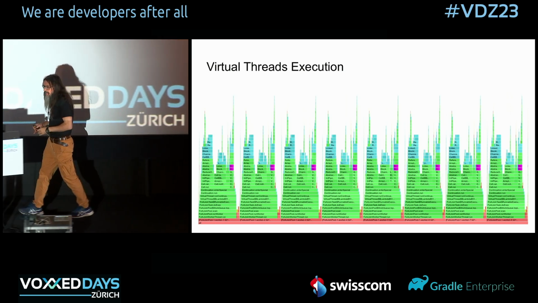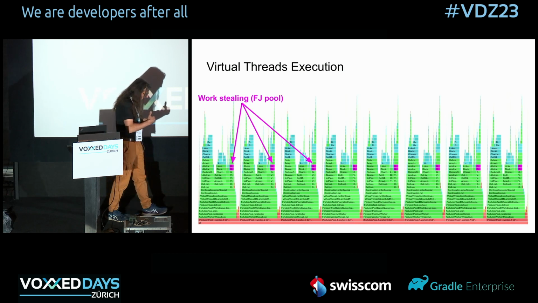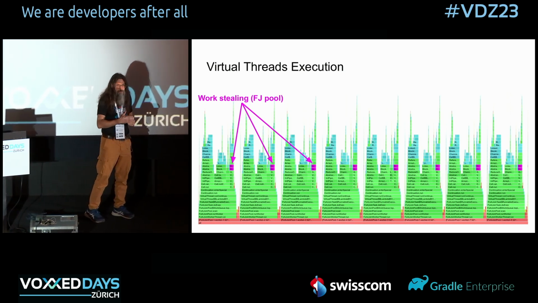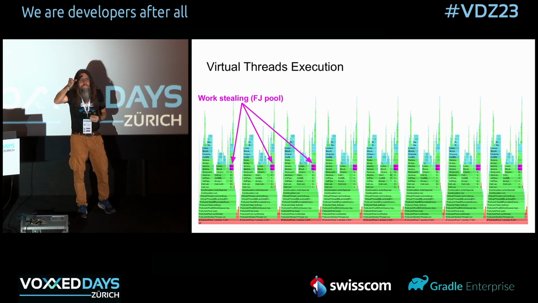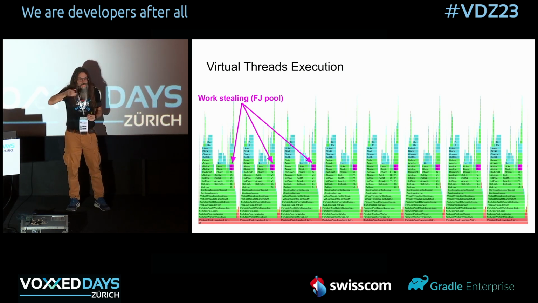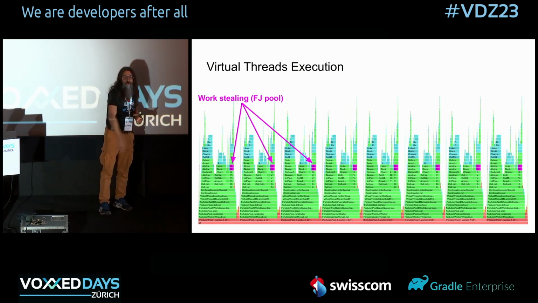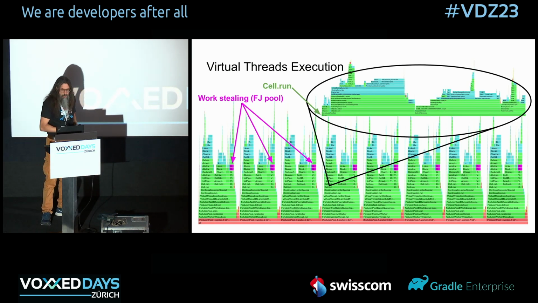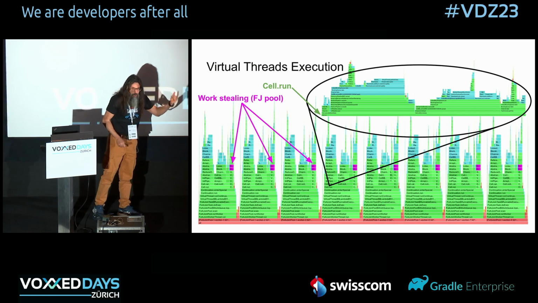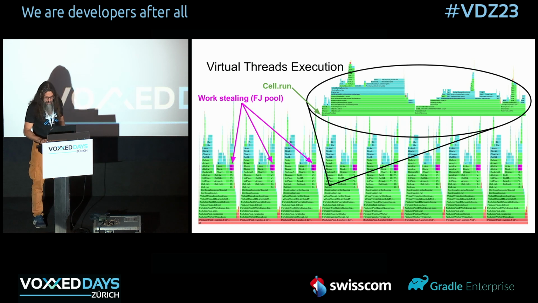And the other interesting thing is that the JMH invocation, also the coordinator, is not only on one single thread, but because of the work stealing algorithm of the fork join pool, you see that the work of the coordinator is spread among all carriers. And the other nice thing, of course, is that you don't see any orange operation here. You don't see anything happening in the kernel space.